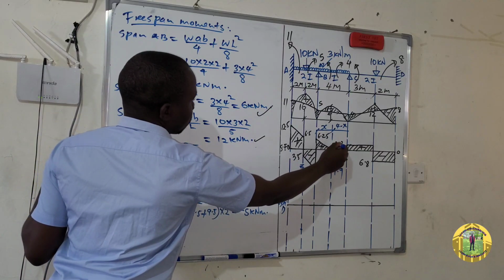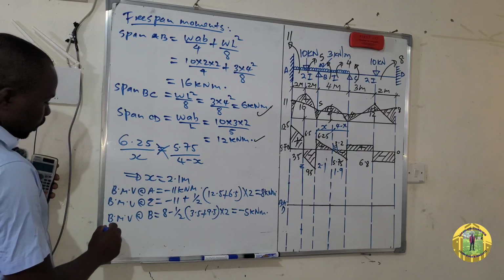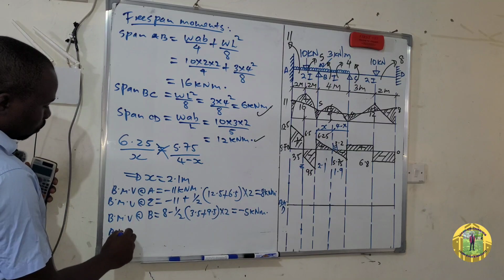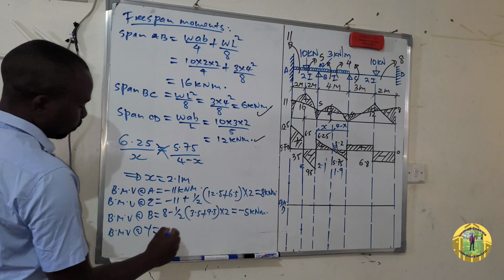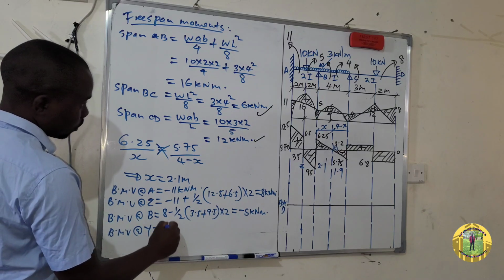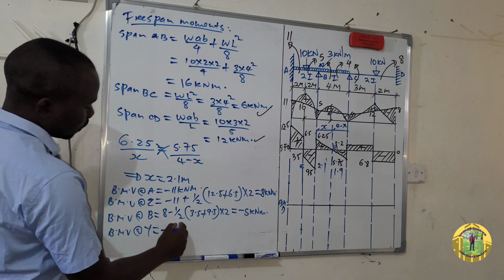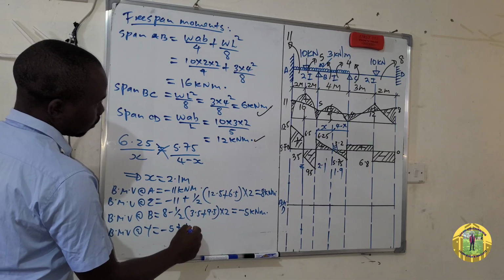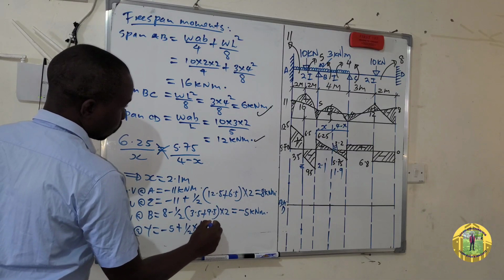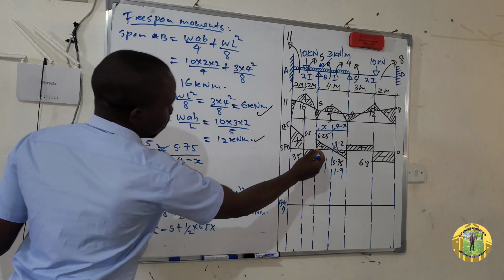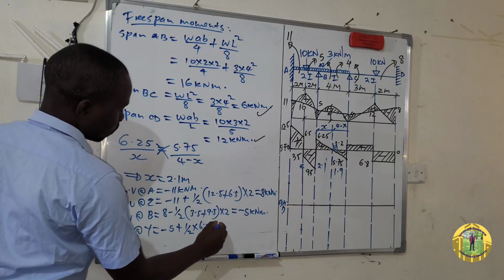Then we proceed to bending moment at this point. We call it Y. Bending moment value at Y. So this will be negative 5, then plus a half base times height, a half times 6.5 times from here to here 2.1.